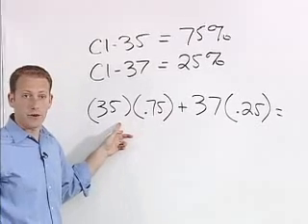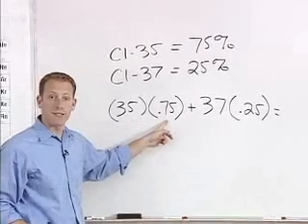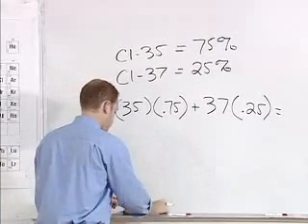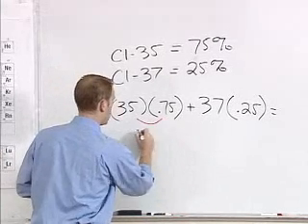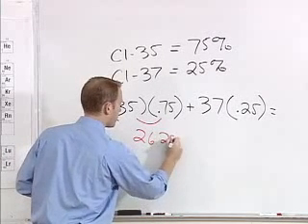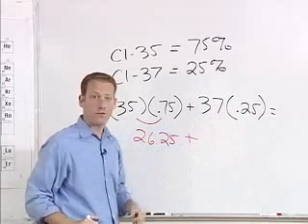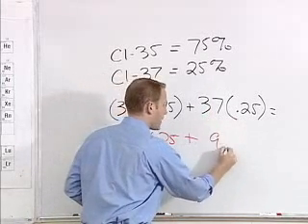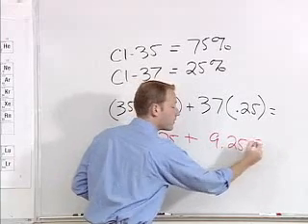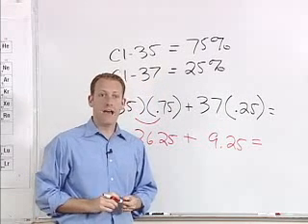Now, then we take 35 and multiply it by 0.75, and we get 26.25 plus, then we take 37 and multiply it by 0.25, and we get 9.25. We add them together, and what do we get?